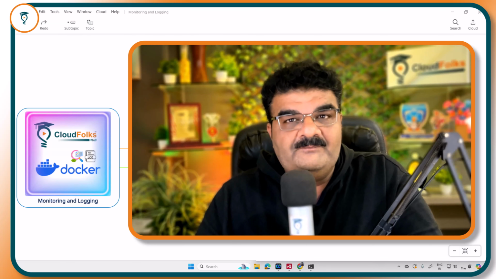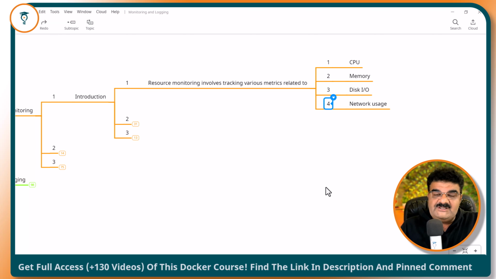If you have any problem with CPU, at the end, the user will get slow performance. RAM is equally important. Whenever we monitor anything, it can be a virtual machine, a physical machine, or even a container, we are actually monitoring these four components. The same thing applies here as well. We will monitor all these four components of containers and even services.